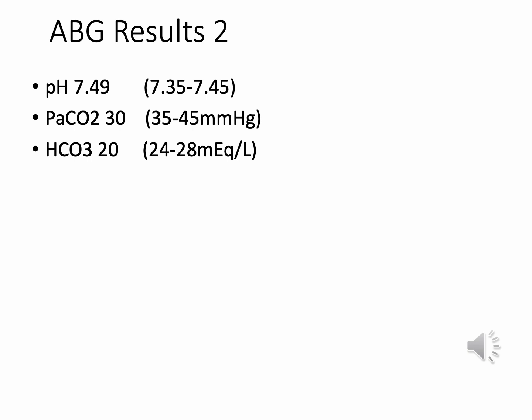Okay, so let's take a look at this one. This pH is higher. So this one at 7.49, we're going to call it alkalosis. Then our PaCO2, remember last slide I was telling you, this one has an inverse relationship. So if the number is lower than the normal range, it's going to be alkalosis.